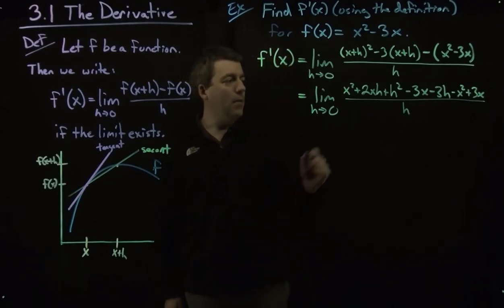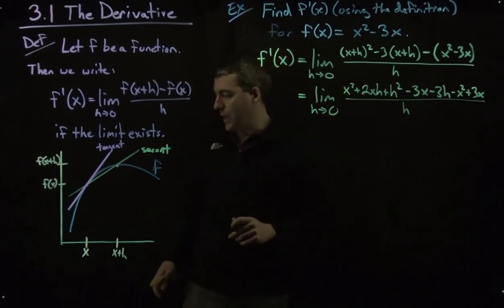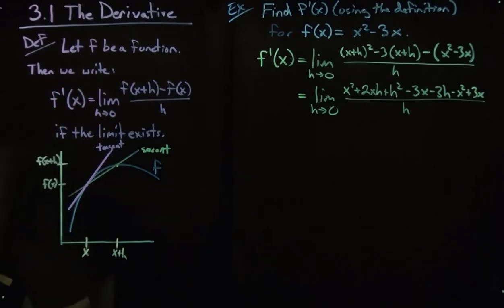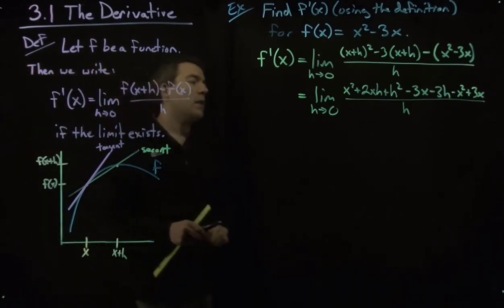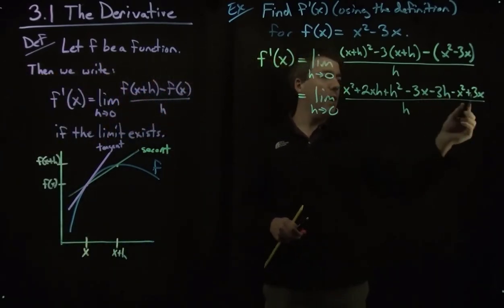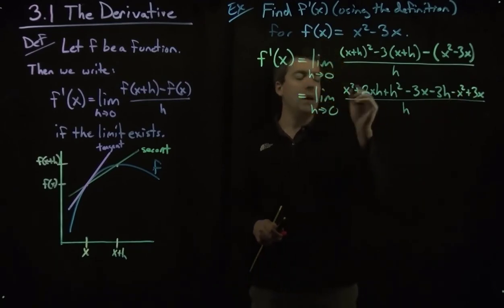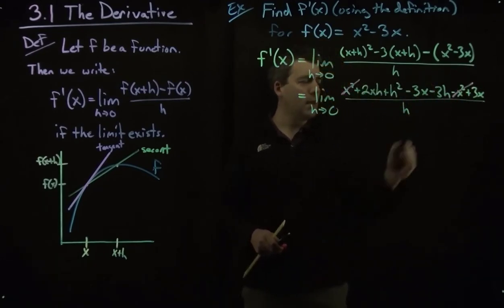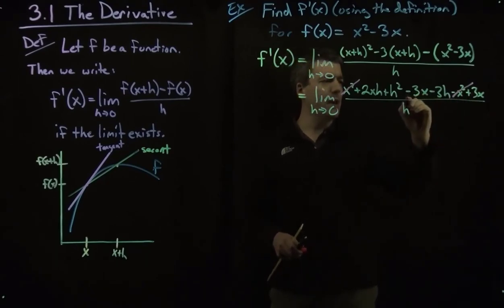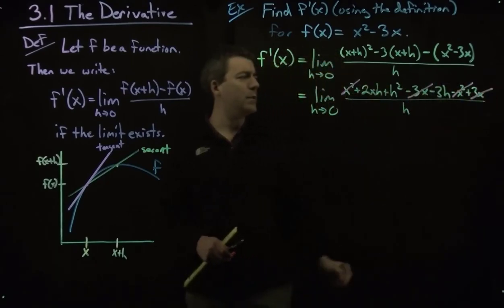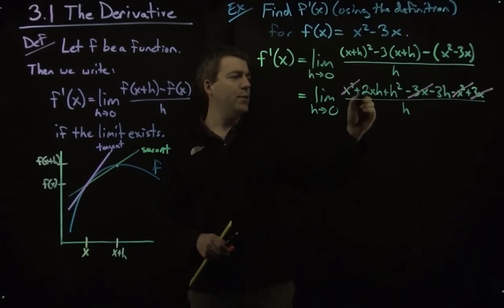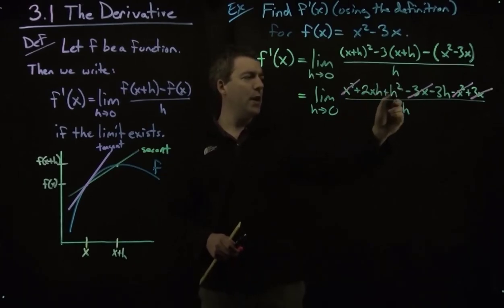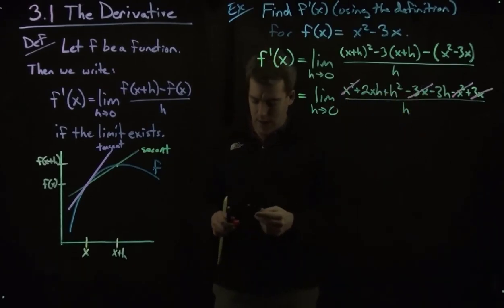Okay. Now let's see if there's anything in the numerator that we can simplify. And we can indeed see some simplification here. We've got a minus x squared and a plus x squared. Get rid of those. Minus 3x and a plus 3x. Get rid of those. So that leaves 2xh plus h squared minus 3h in the numerator.